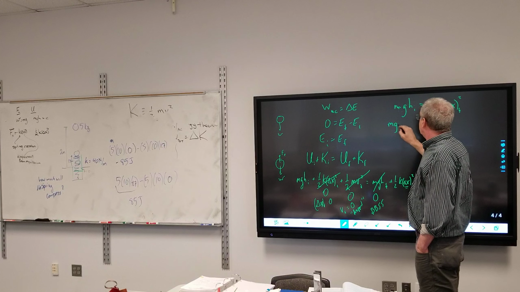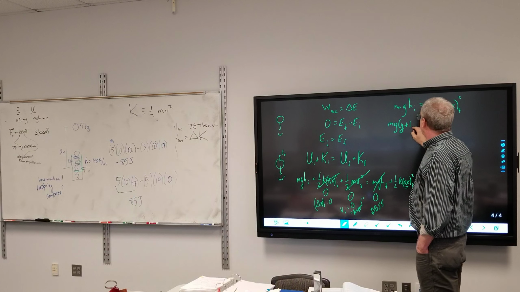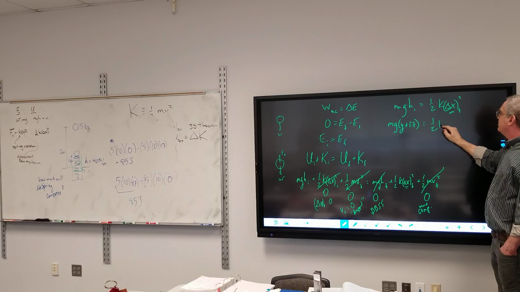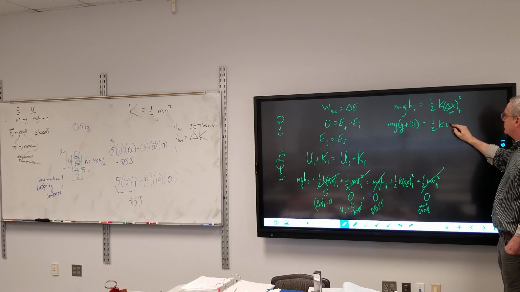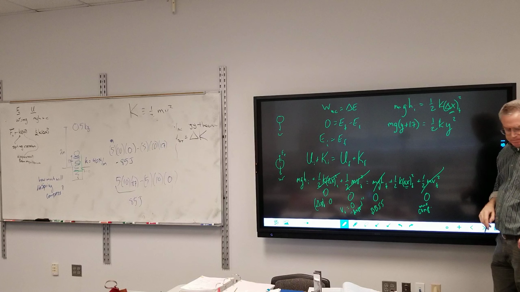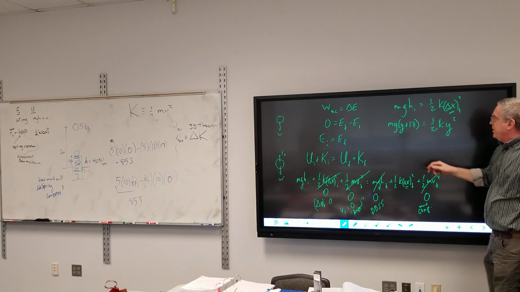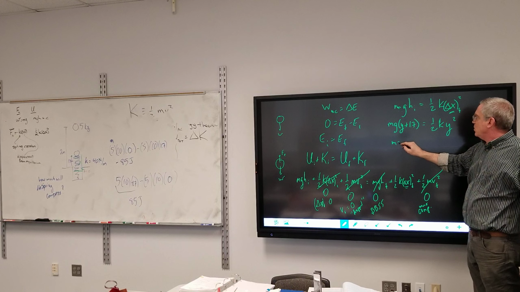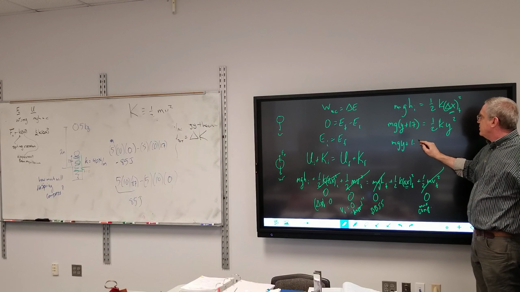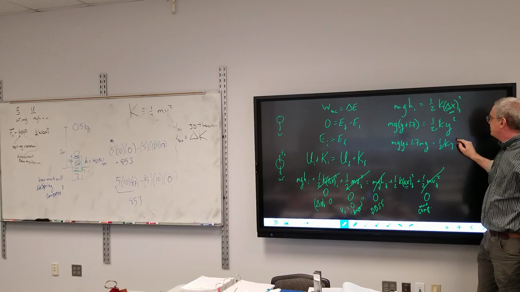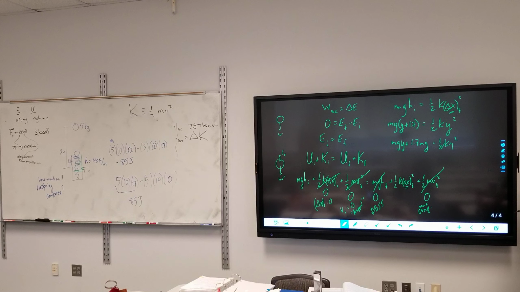So mg(y plus 1.7) is going to be equal to 1/2 k y squared, since y is also how much it compresses. Distributing, I got mgy plus 1.7 mg equals 1/2 ky squared. I'm trying to find y.